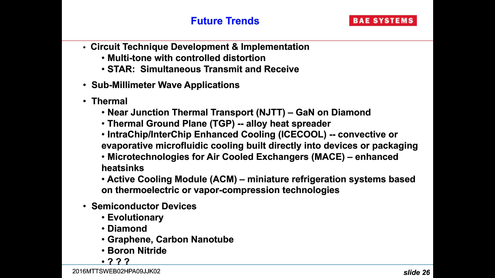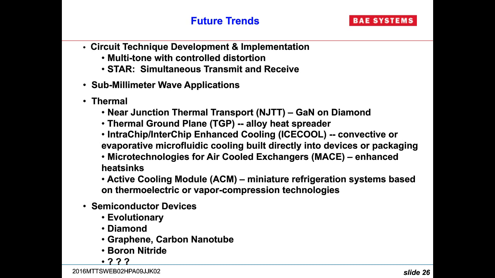Big corporate labs have disappeared from the scene. So you don't have that basic research that is important to developing new technologies that is funded anymore. So you're not going to see much in the way of revolutionary devices.